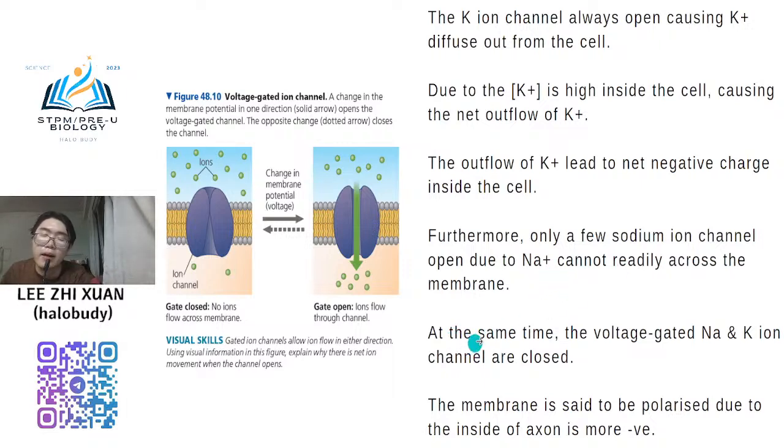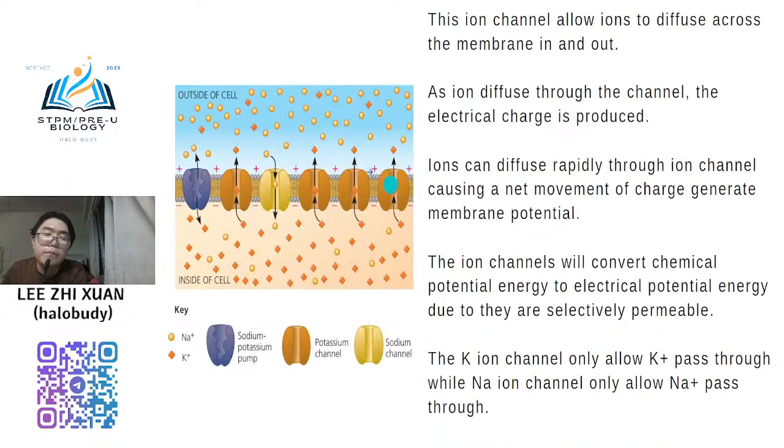Okay, and then another thing is that there is another type of channel we call the voltage gated ion channel. This is also one type of ion channel, but this kind of channel can be opened and closed. The other one is an always open channel, open 24 hours, they cannot close.